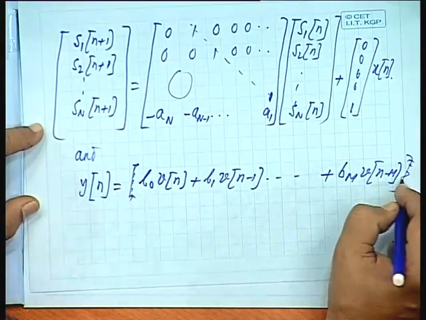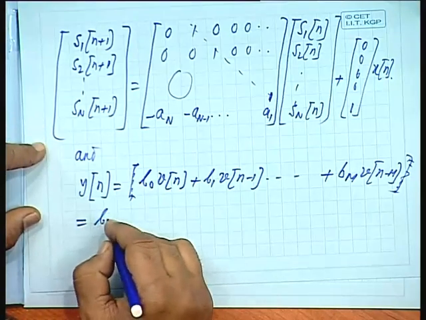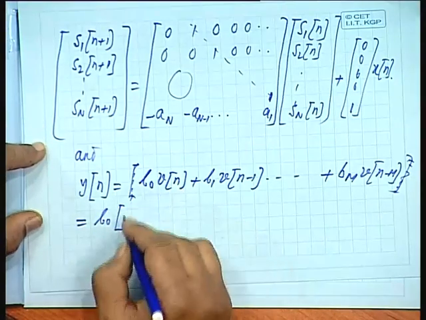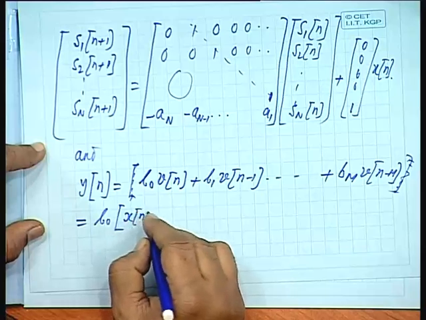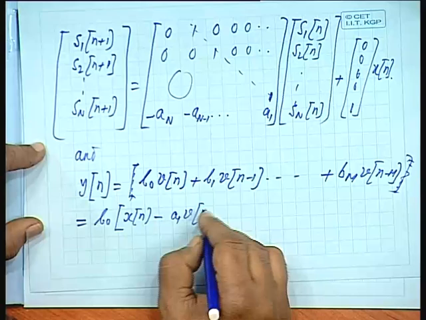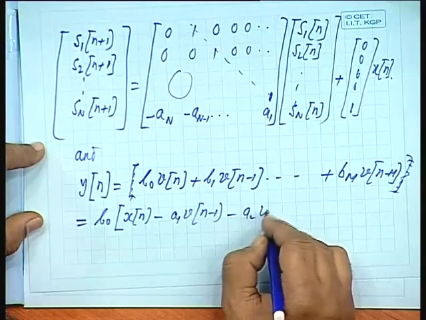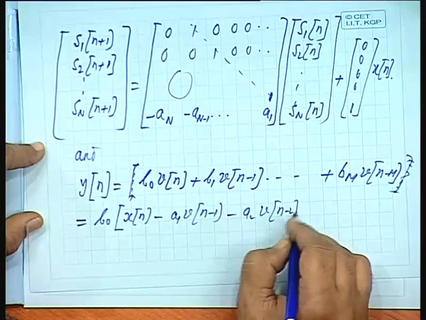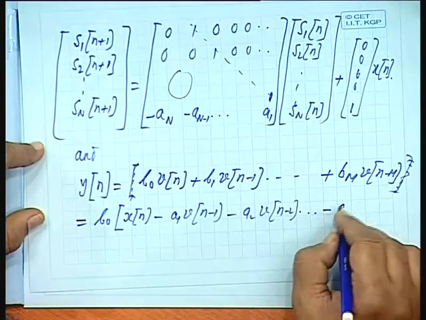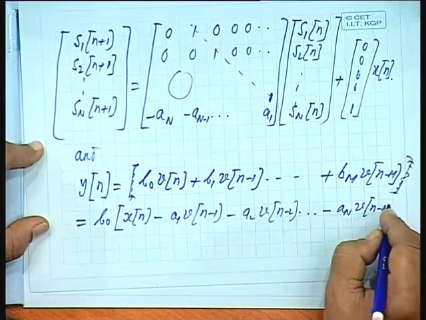Anyway, I can write this as B0 into Vn, which was xn minus a1 Vn minus 1, minus a2 Vn minus 2 and so on up to minus an Vn minus n.